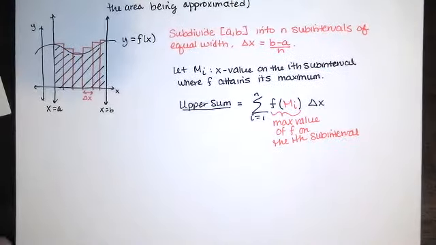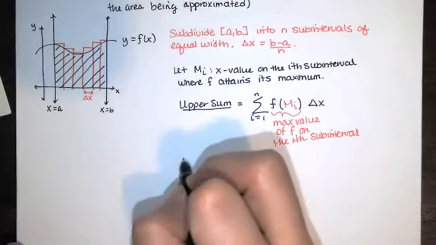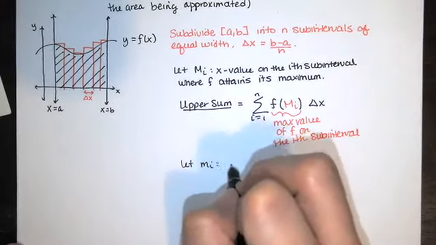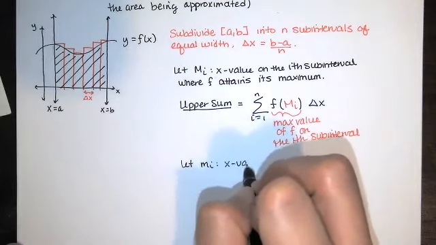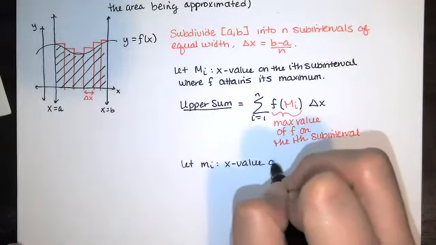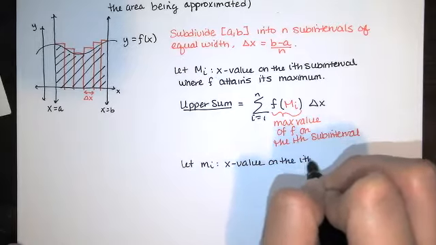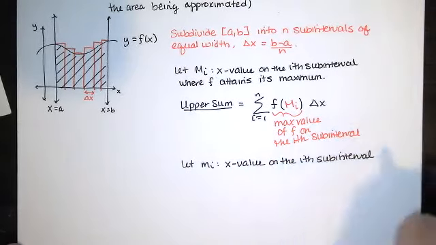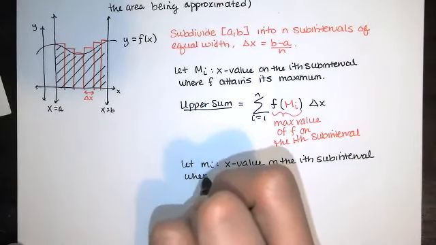Now the lower sum is kind of exactly what you would expect. We're going to use lowercase m to denote the x value on that subinterval where f attains its minimum value.